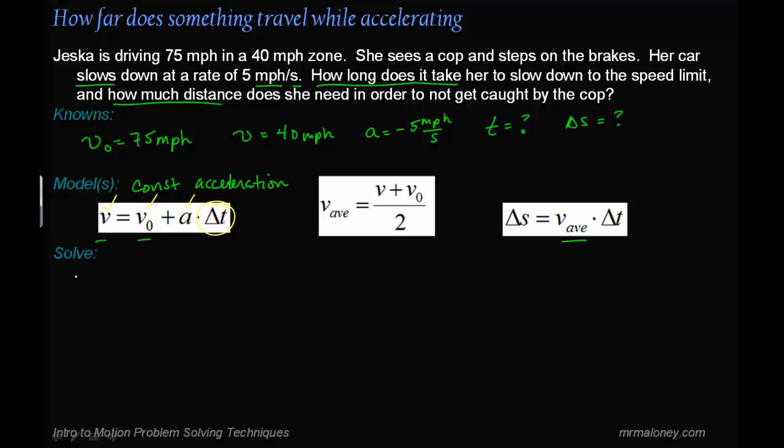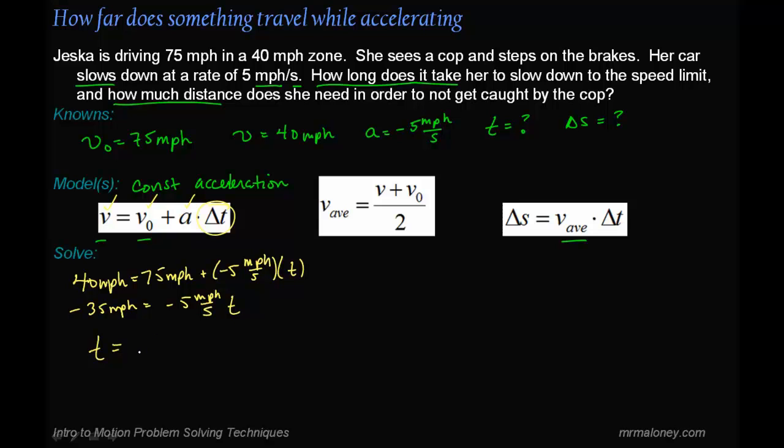So we know that 40 miles per hour equals 75 miles per hour plus negative 5 miles per hour per second times time. Solving this for time, we get negative 35 miles per hour equals negative 5 miles per hour per second times time. So the time it takes her to slow down is going to be 7 seconds.